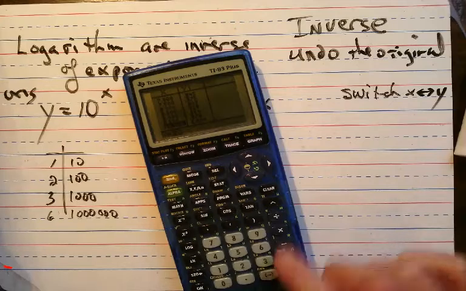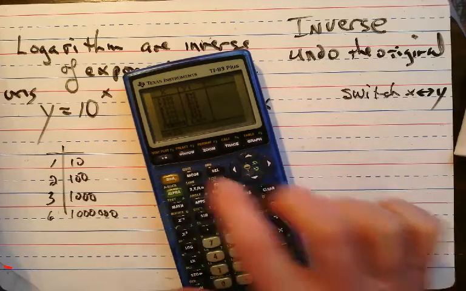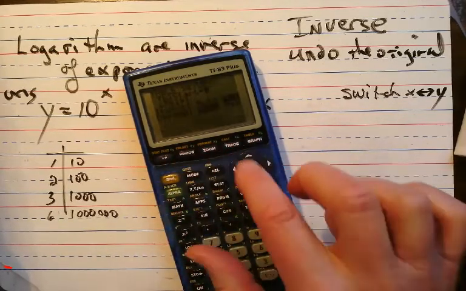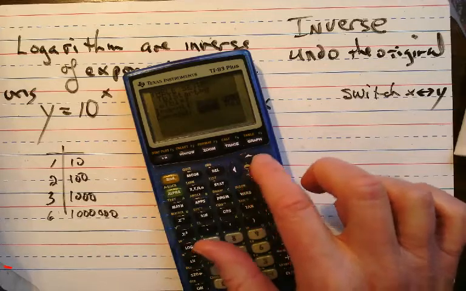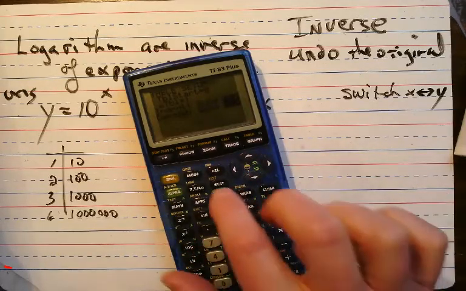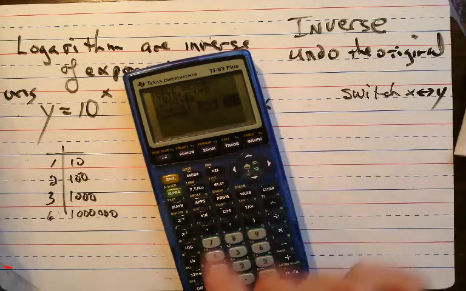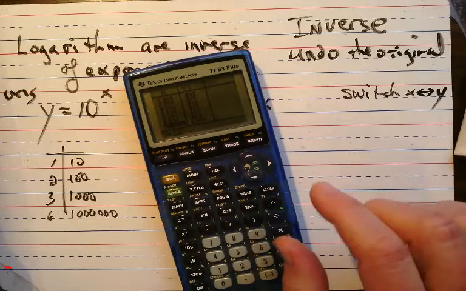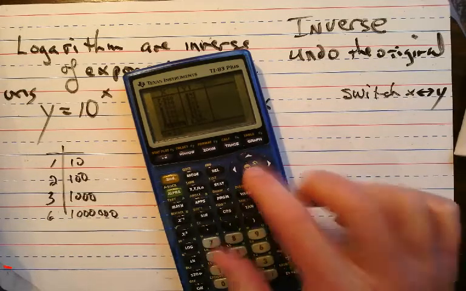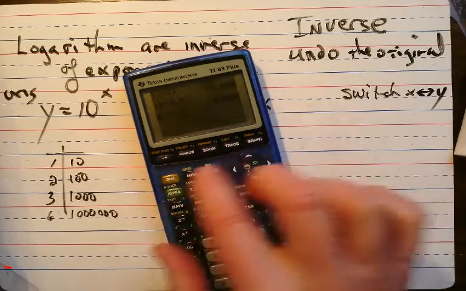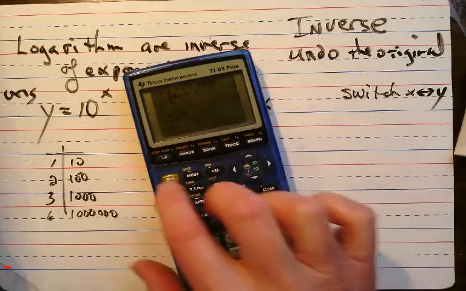Ha ha ha. That's good. What if we do this? Oh, I can't show you on my calculator. How sad. Oh, I can.